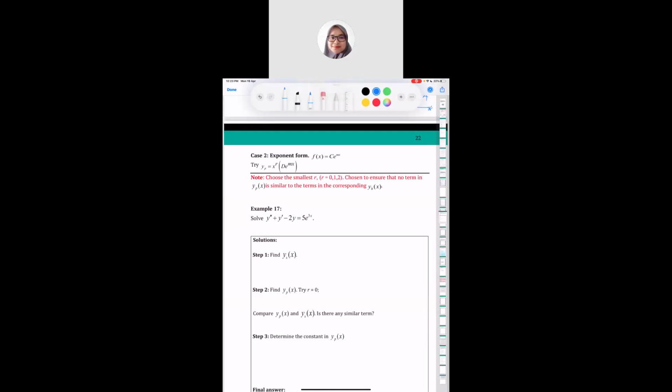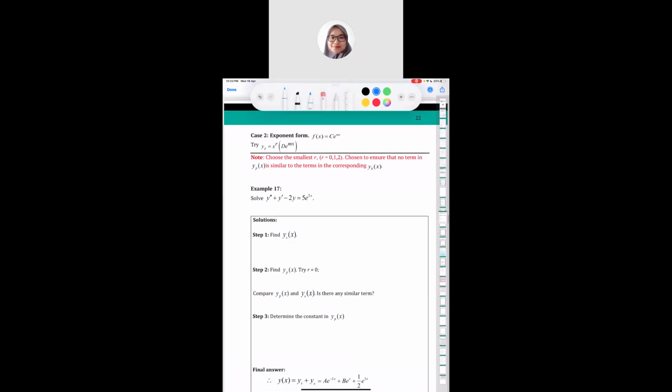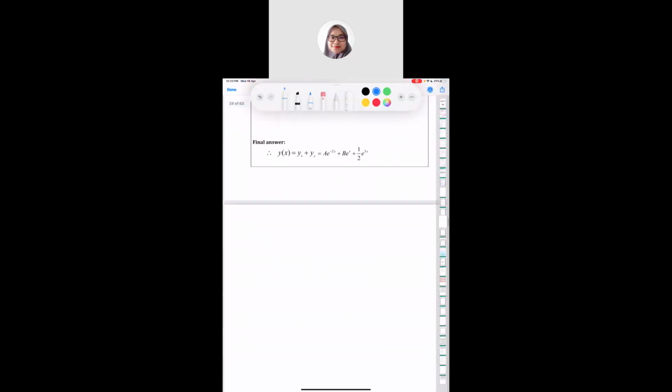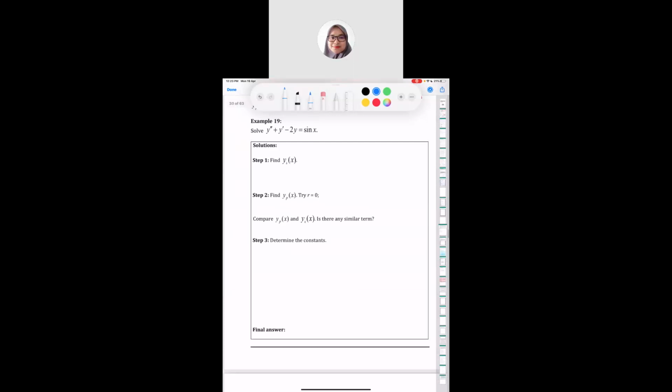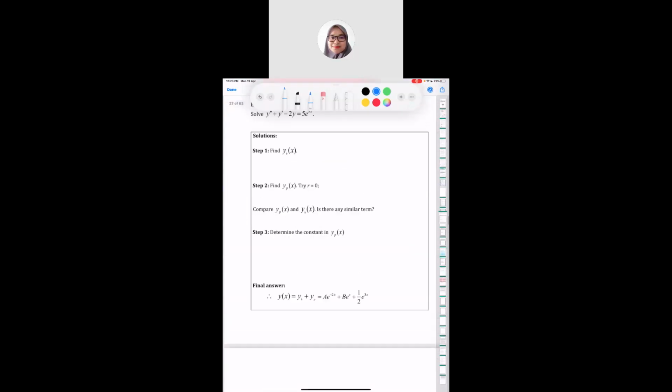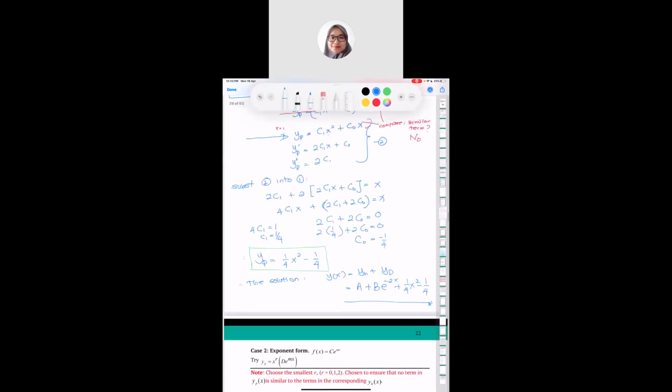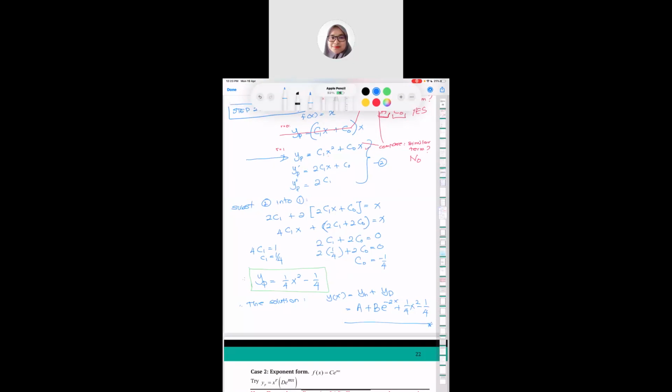Kita punya fx equal to exponent function. Okay. So saya stop kat sini dululah. Okay. So esok kita sambung dengan case 2 and case 3 for undetermined coefficient. Okay. So ada soalan setakat ni?